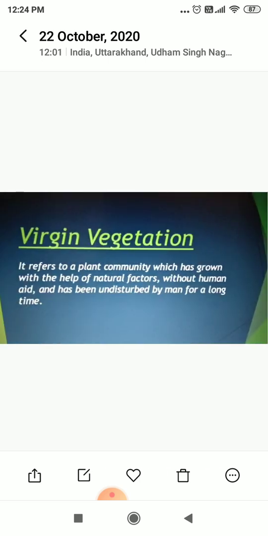Now, what do you mean by natural vegetation? Natural vegetation refers to a plant community which has grown naturally without human effort and has been left undisturbed by humans for a long time. That type of vegetation is known as virgin vegetation. Along with this, you must know about endemic or indigenous species and exotic species.